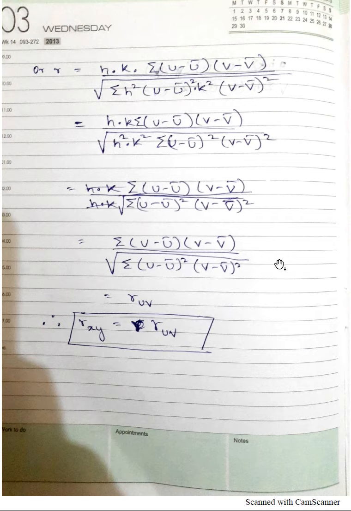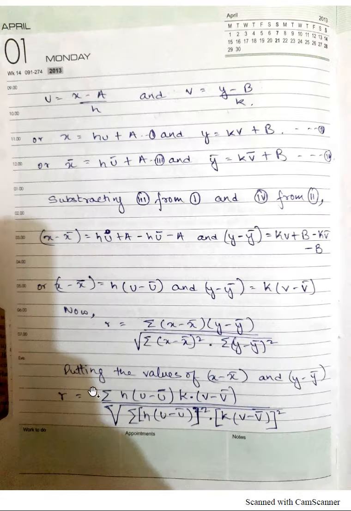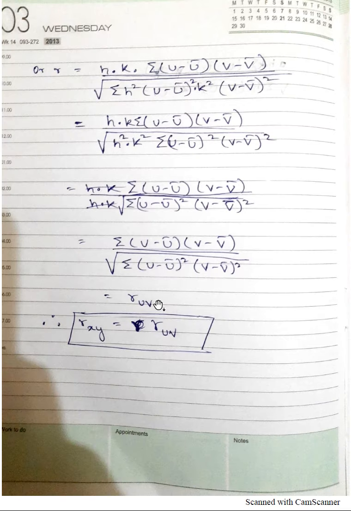So this is the formula of r uv. Here this is the correlation coefficient between x and y. So rxy is equal to r uv.